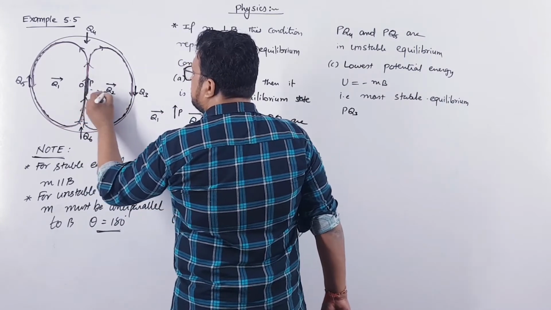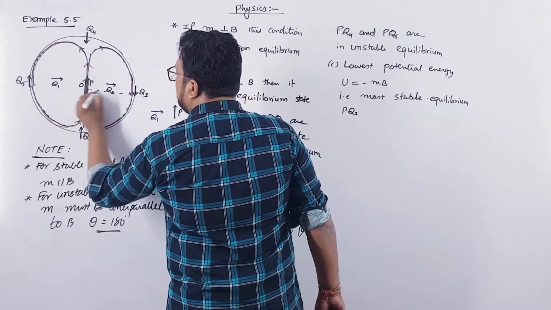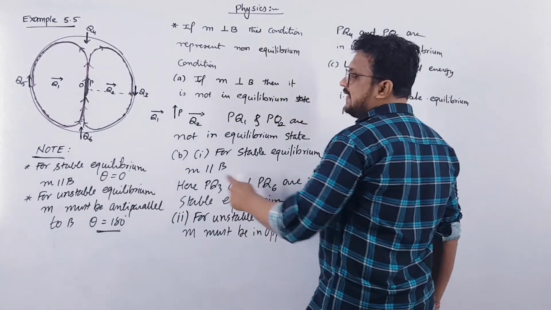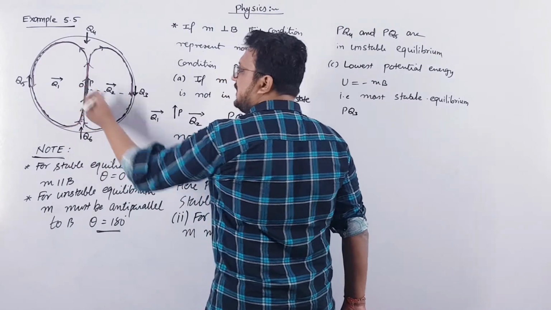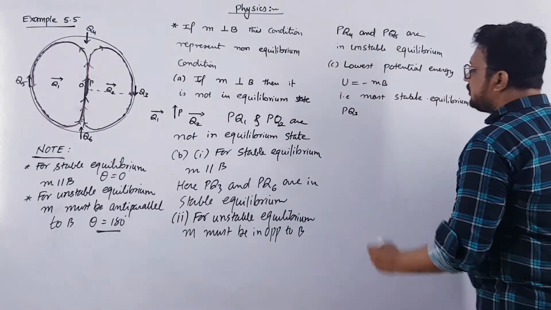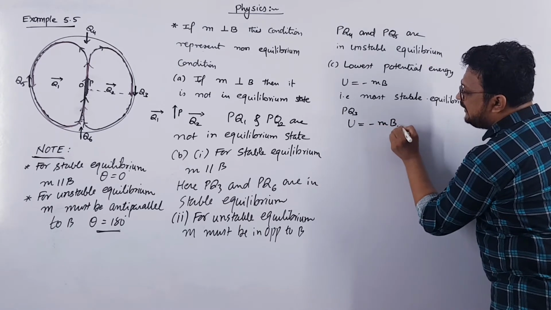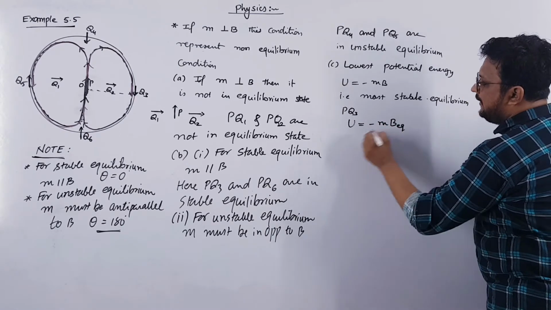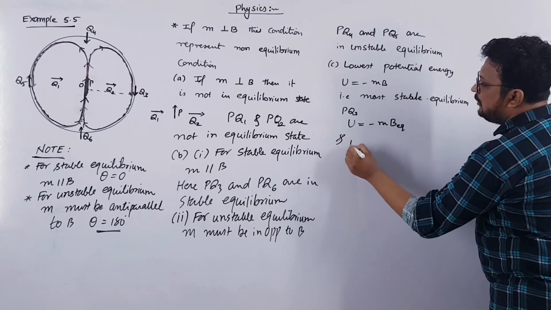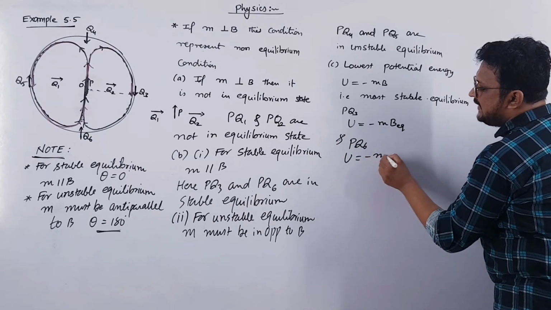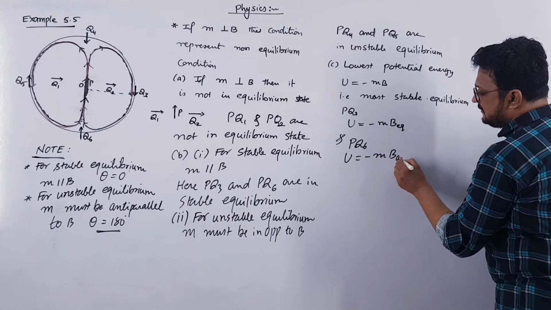So the Q3 lies along the equatorial point of P, while Q6 lies along the axis of the P. So here for Q3, U will be equal to minus M into B of equator, and for PQ6, U will be equal to minus M into B of axis.